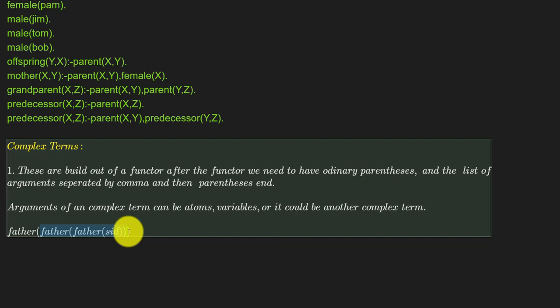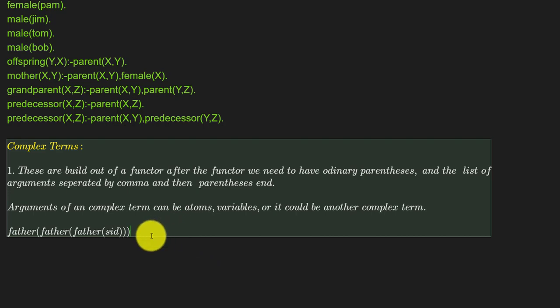That argument is another complex term, and that particular argument has another argument inside this one, so that is another complex term. So if you see in this way, you can define Prolog facts or rules very recursively as well. Now I can define a complex term, that means a functor with the same name but a different number of inputs as well.